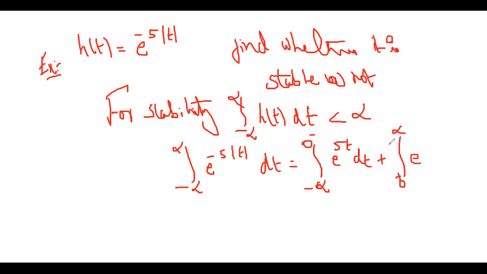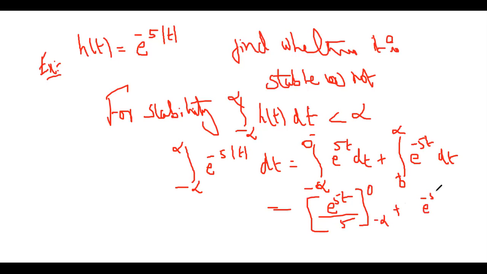e power, now it is a negative value, minus 5 into t dt is equal to, now apply the integral for the 5t, e power 5t by 5, with 0 and minus infinite, plus e power minus 5t by minus 5 with the infinite and the 0.